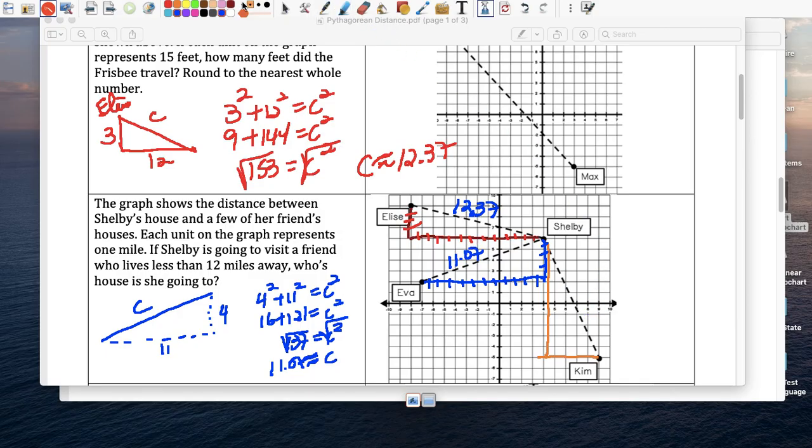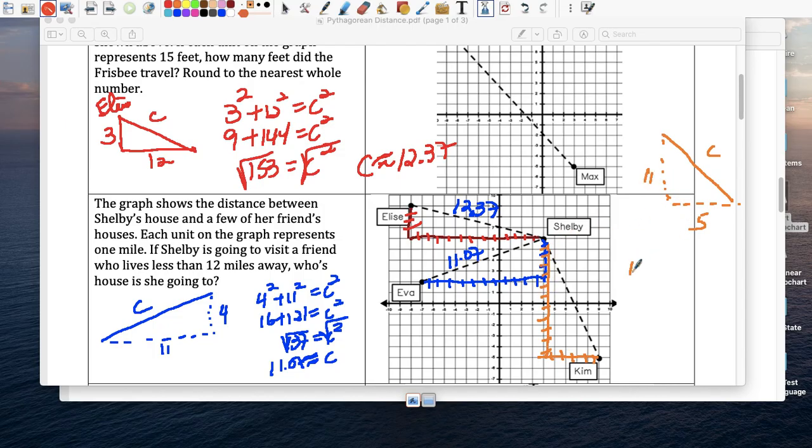I don't know if Kim falls in the category. So let's do Kim. This is what we're trying to find, the hypotenuse, and we need this leg and this leg. So let's just count. 1, 2, 3, 4, 5. Up and down, 1, 2, 3, 4, 5, 6, 7, 8, 9, 10, 11.